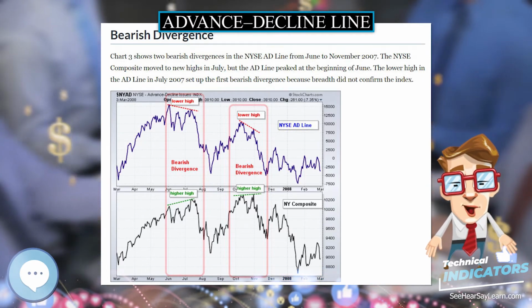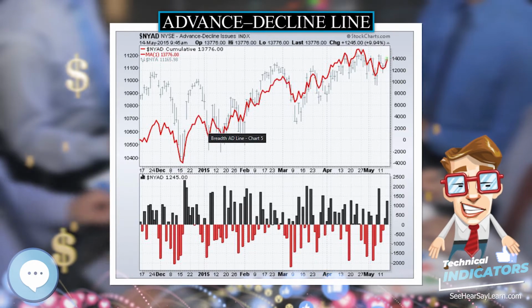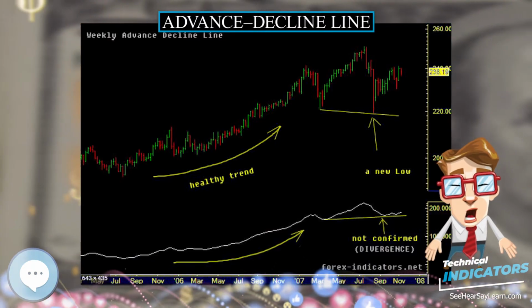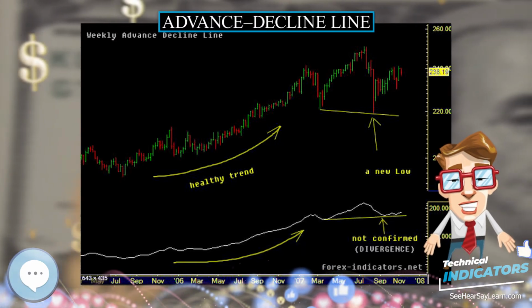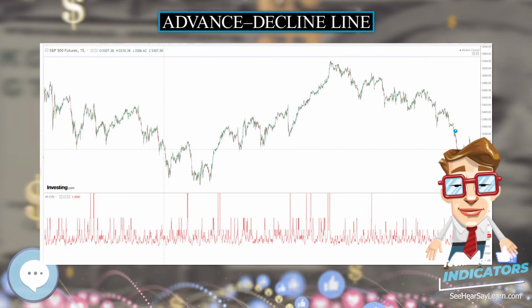Such negative divergence was also seen toward the end of the Roaring Twenties bull market, during 1972 at the height of the Nifty Fifty market, and starting in March 2008 before the late 2008 market collapse.